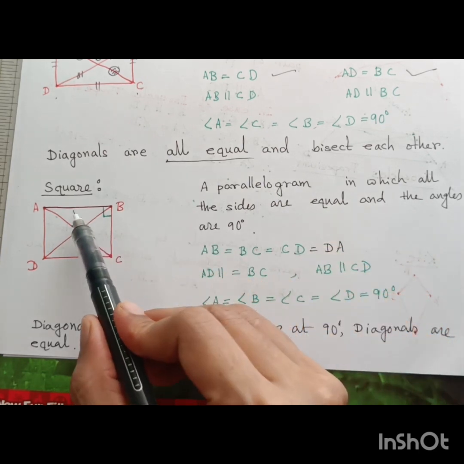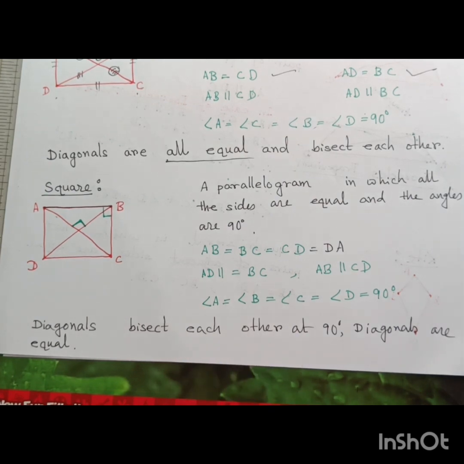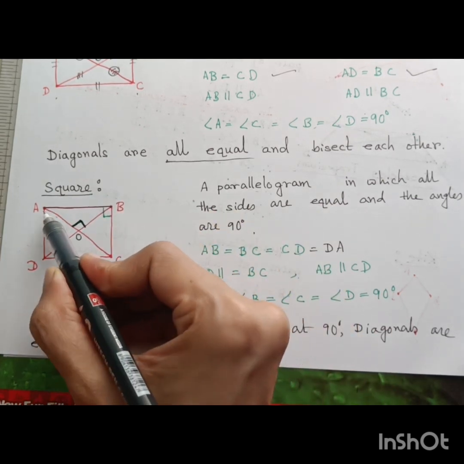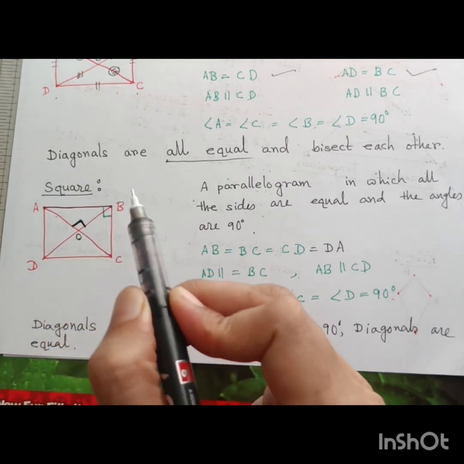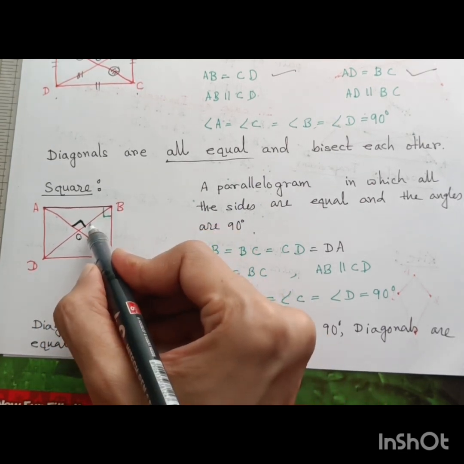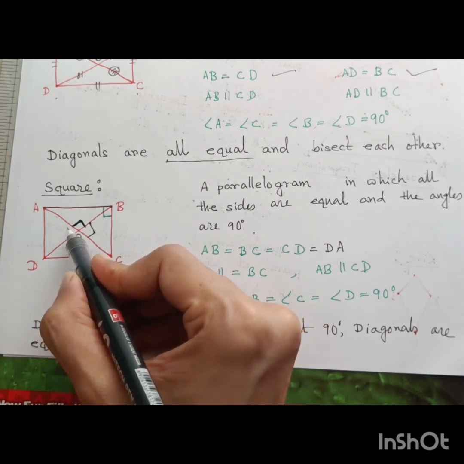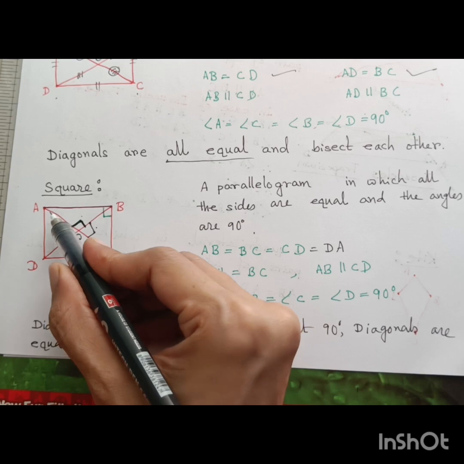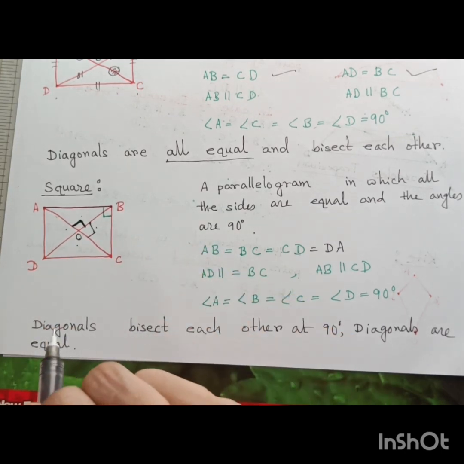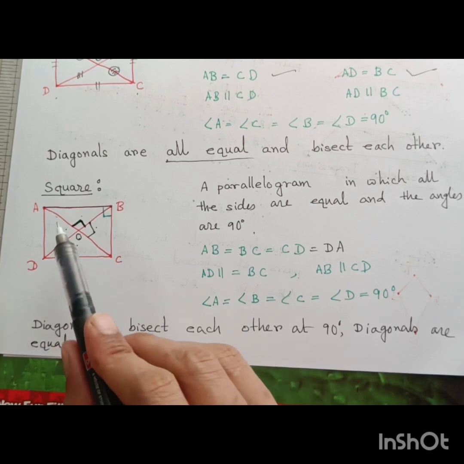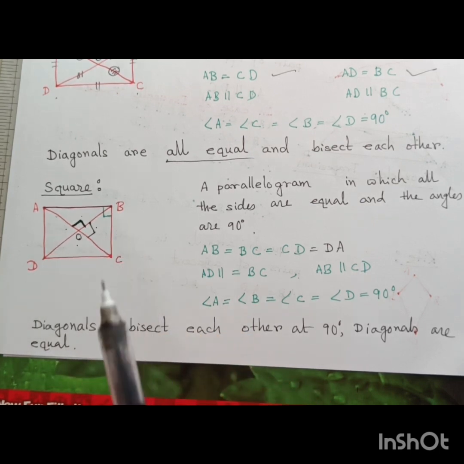The difference is that all the sides are equal and diagonals bisect each other at 90 degree. This angle AOB equal to 90 degree. Also this angle is 90 degree. All the angles are 90 degree. The diagonals bisect at 90 degree and the diagonals are also equal.